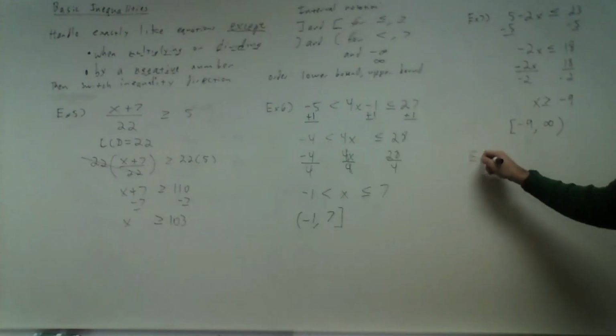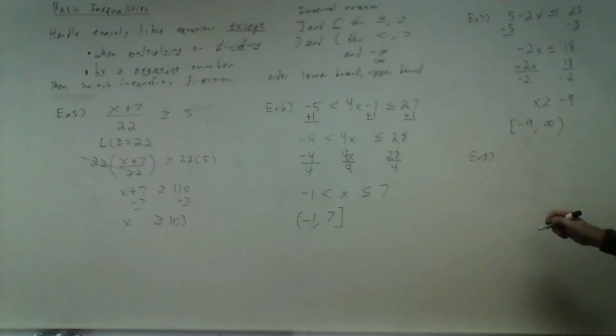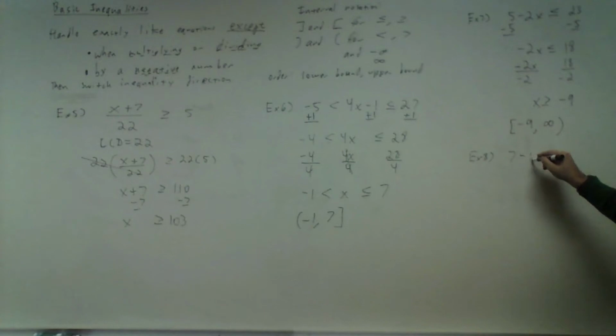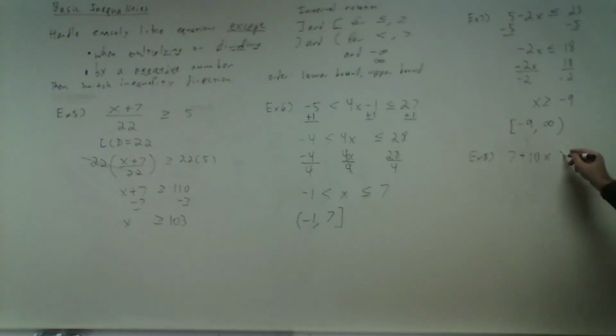Okay, example 8. Seven minus 10x, how about 7 plus 10x, is greater than or equal to 1. Let me make it less than or equal to 1.